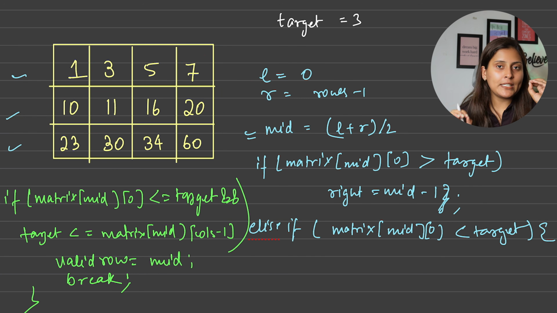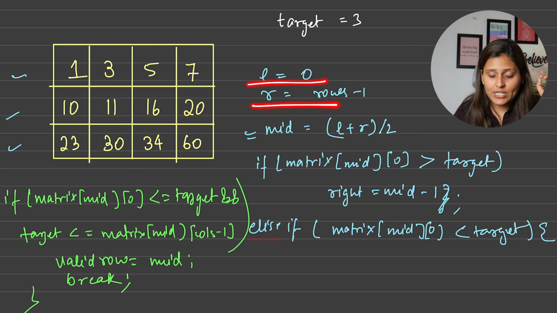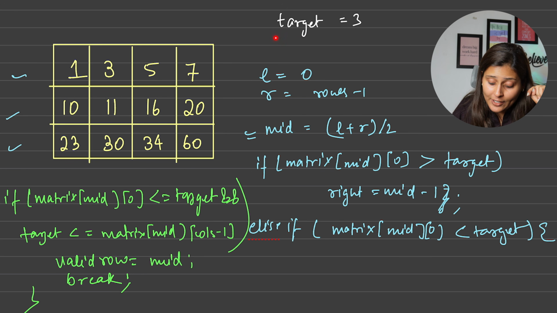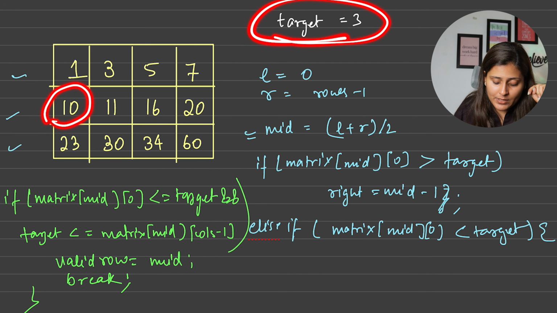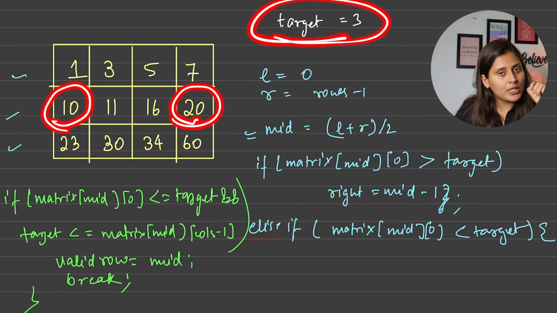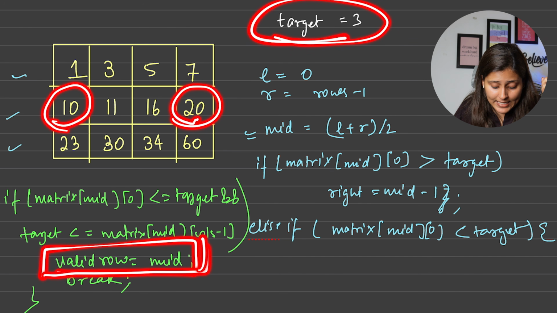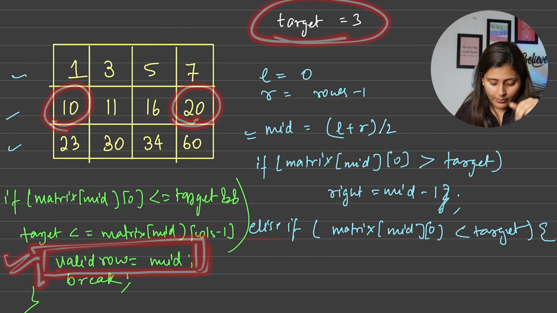Okay, so what we did here: first we initialized the left and right pointer from the first and last row, calculated the mid row and compared whether my target value lies in between this and this. So definitely we don't need to search anything. We just need to save that mid in the valid row variable and break.